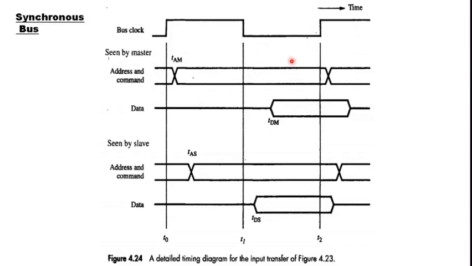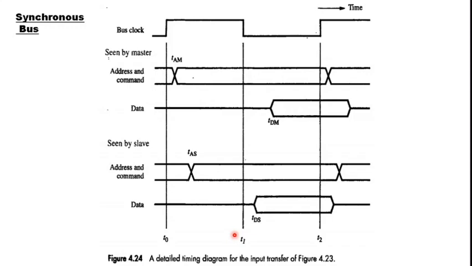Then another thing is here everything is like a timetable event, right? At T0 the master is supposed to put the slave's address and the command to be given to the slave. At T1 the slave is supposed to recognize its address and the command given by the master, and at T2 the master is supposed to read or should have stopped whatever data was supplied by the slave.